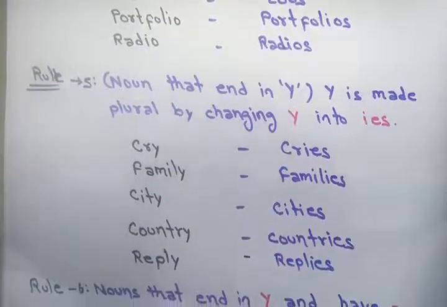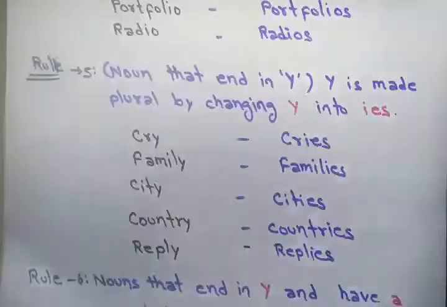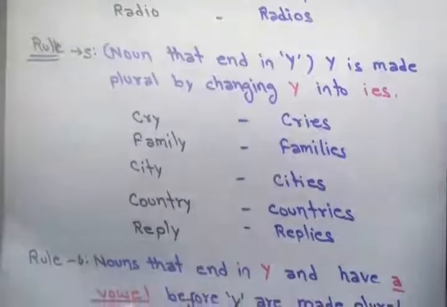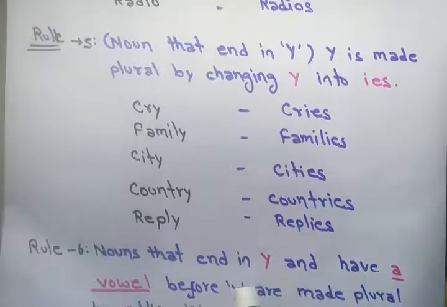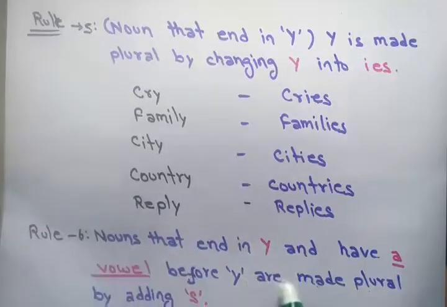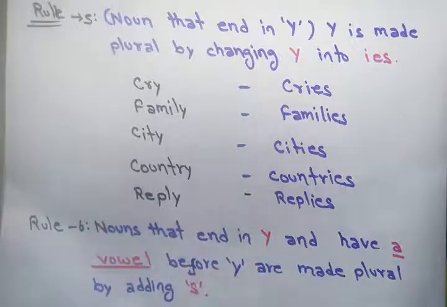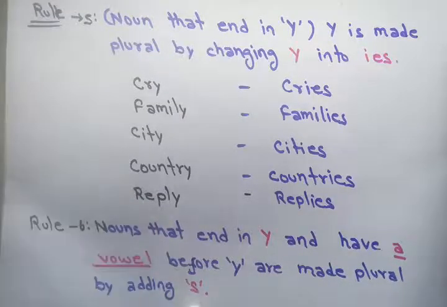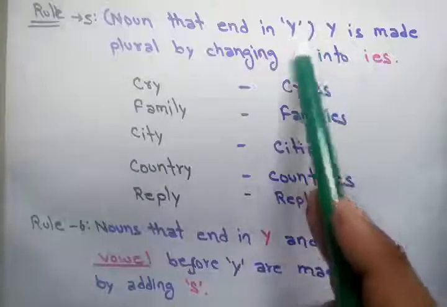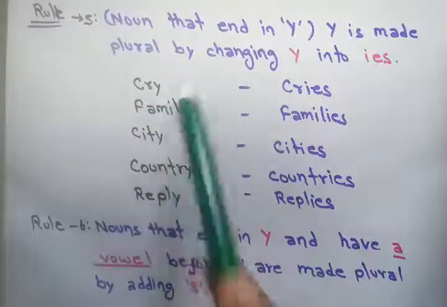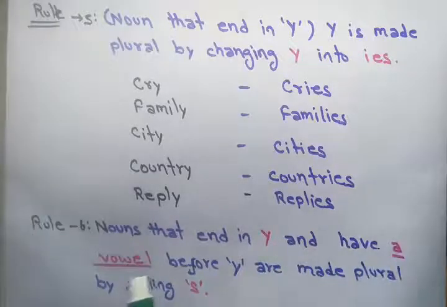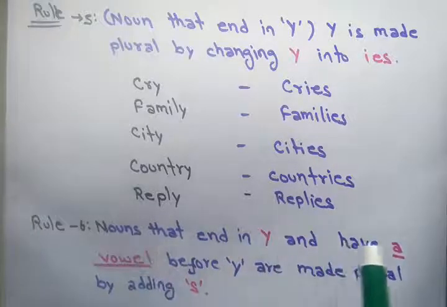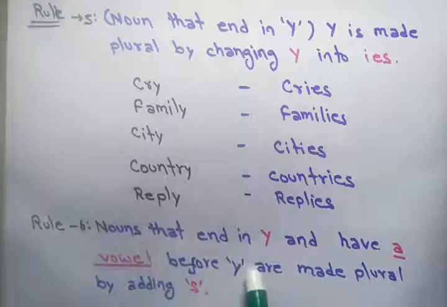And rule number six: nouns that end in y and have a vowel before y are made plural by adding s.